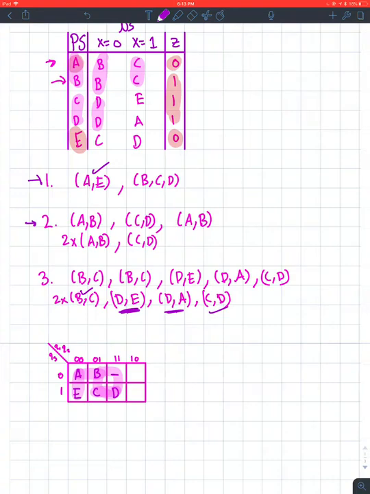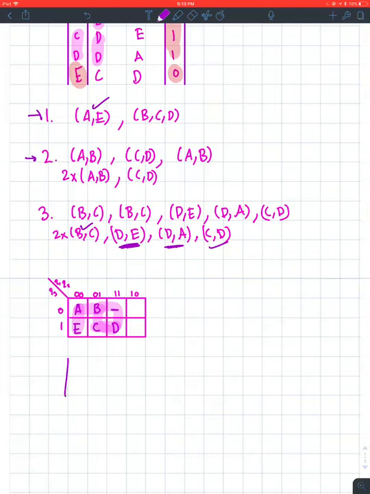So can I get DE and DA together? What if I just shifted everything over and put don't cares? Let's see what happens. This process is trial and error. You're not going to get the right answer right away. If you do, then I guess you're a god. So here's 0, 0, 0, 1, 1, 1, 1, 0.